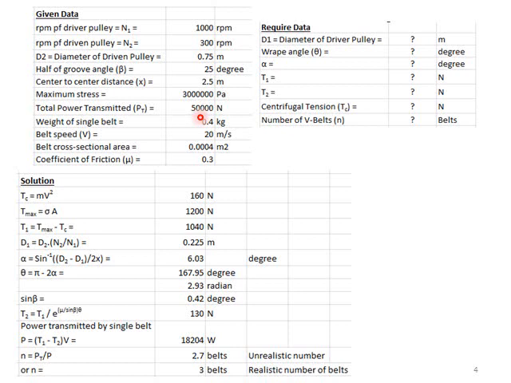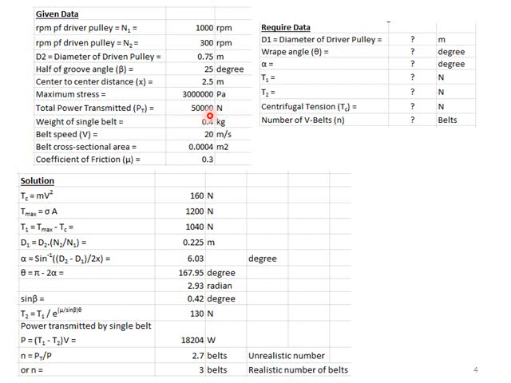Because if you have seen these drives where motor drives the pump or compressor or some other assembly, then normally if the power is much more, like just as 50 kilonewton, then there are multiple grooves on the pulleys. This means the multiple grooves, you have to mount multiple belts over the pulleys.